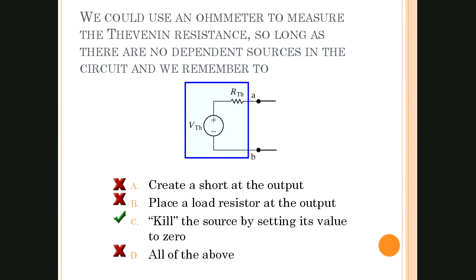And so basically, if you get your multimeter and you put your multimeter right across A and B, you can literally measure what the Thevenin resistance is. And you'll do this in lab. You'll calculate it, and then you'll actually measure at the output without any load. Remember, we're not hooking up the circuit to any output, and you should be able to actually measure current going through there, and you can actually measure the Thevenin resistance.